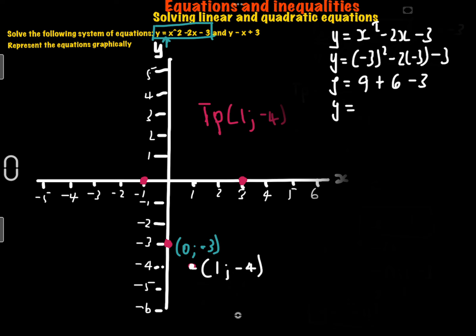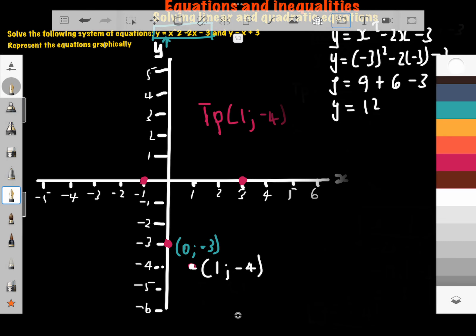So y is equal to 9 plus 6 gives me 15, subtract 3 gives me 12. Okay, this is way beyond the scope of the scale of our Cartesian plane. So let's look for values such as 2.